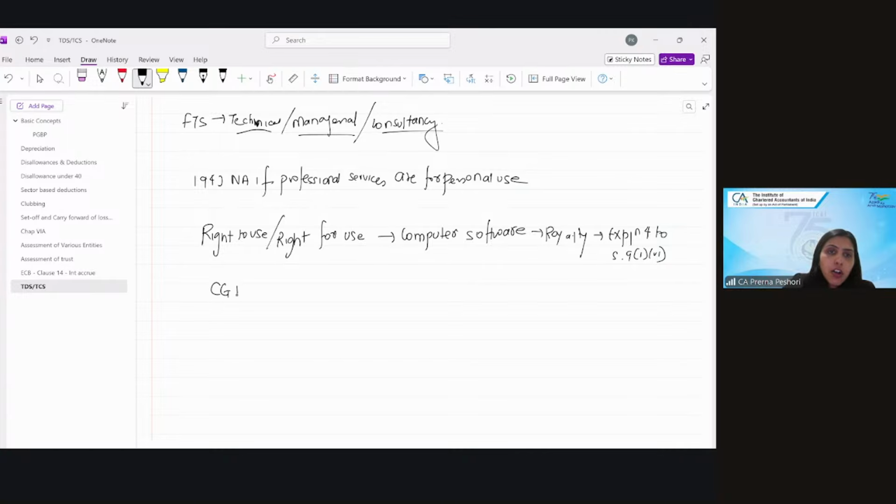However, the central government notification number 21/2012, what does it say?